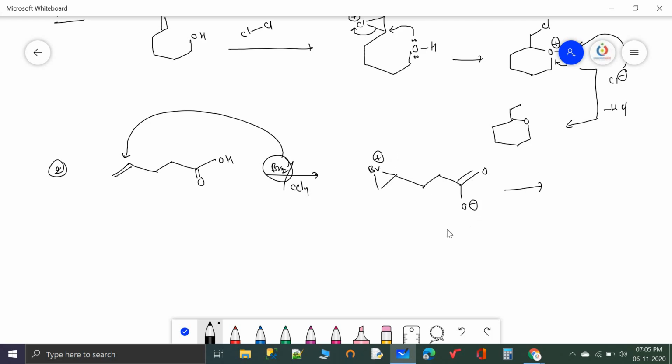So this negative charge can easily attack this particular carbon, opening this bromine. So how many membered ring will we get? 1, 2, 3, 4, 5. So we will get a 5-membered ring in which oxygen is a part. And oxygen is here, the side carbon atom is having the double bonded oxygen. Again this has another carbon like this, and afterwards bromine is connected to that. So this is the product.